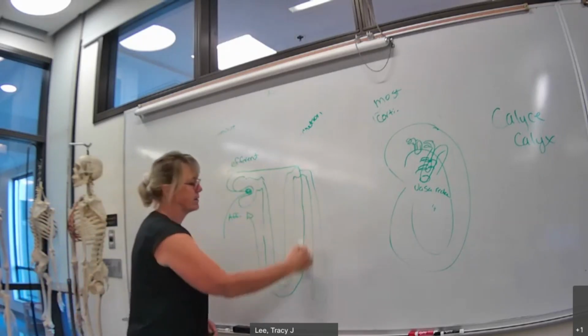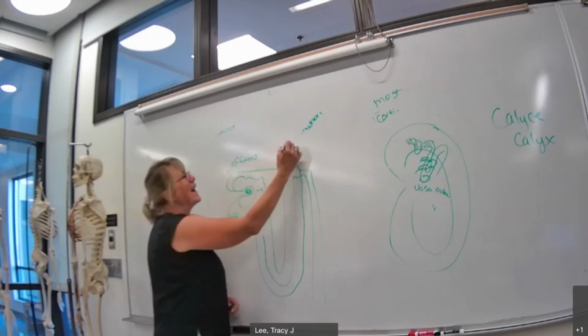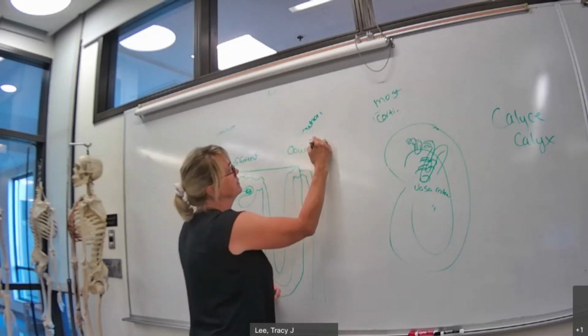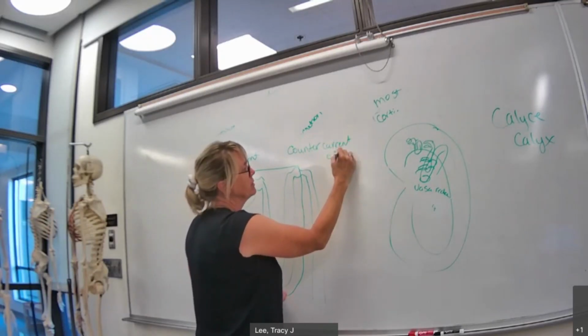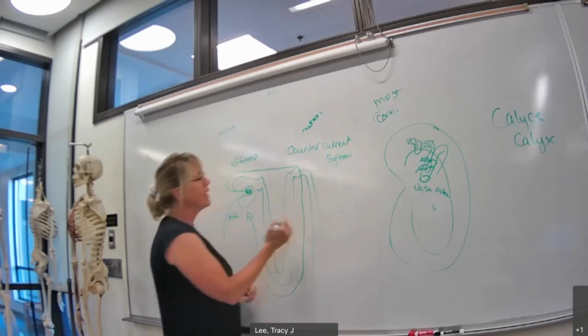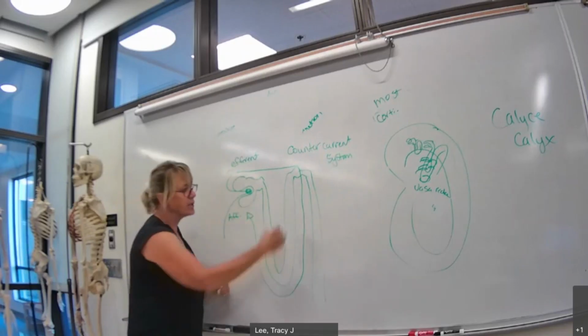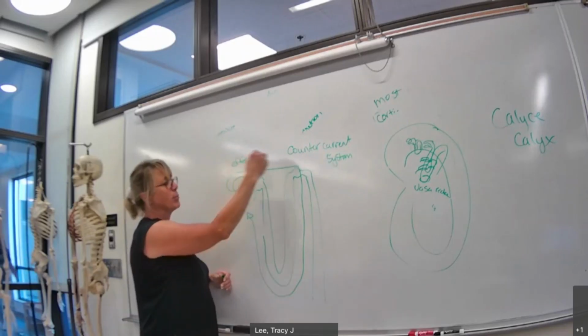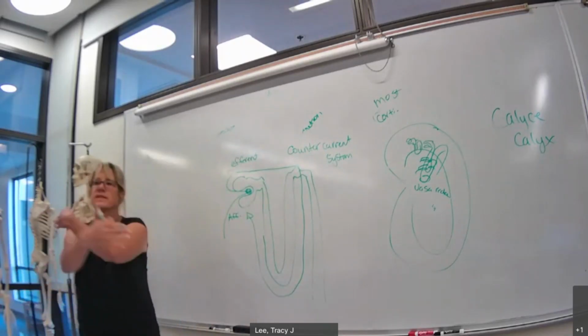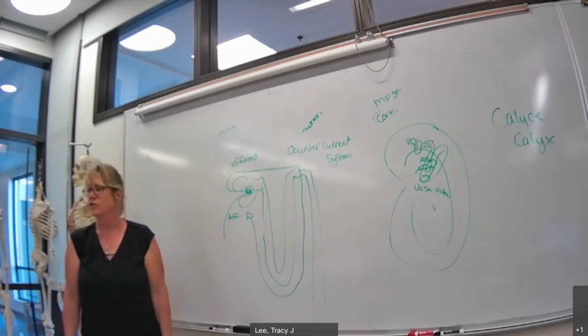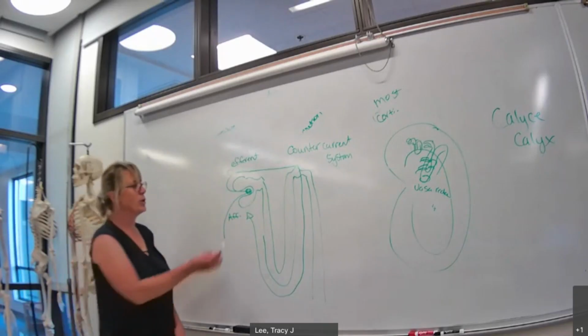This is called my countercurrent system or pattern. My filtrate's going this way, and my blood vessel goes the exact opposite way. It runs countercurrent to my kidney tubule.